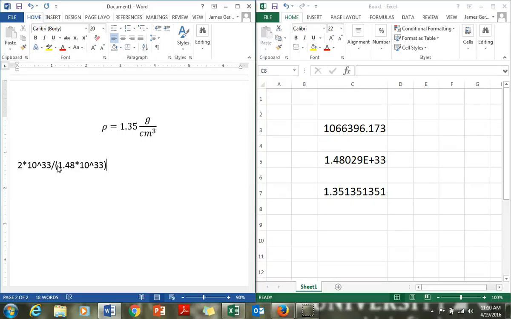So we have mass, and this is 4/3 pi r cubed. So 2 times 10 to the 33 divided by 1.48 times 10 to the 33, which was the 4/3 pi r cubed. We calculated the 4/3 pi r cubed first, and now we're doing the division, mass divided by that.